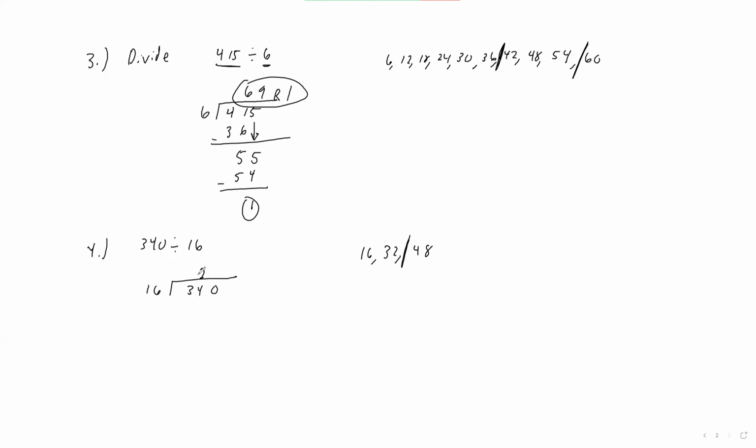So it goes into it twice. 2 times 16 ends up being 32. 34 minus 32 is 2. Drop down the 0. I can see that I can only go into it one time. So 1 times 16 is 16, and then 20 minus 16 is 4. There's nothing left, so that will be my remainder. So I'll do R4. So I got 21 with the remainder of 4.